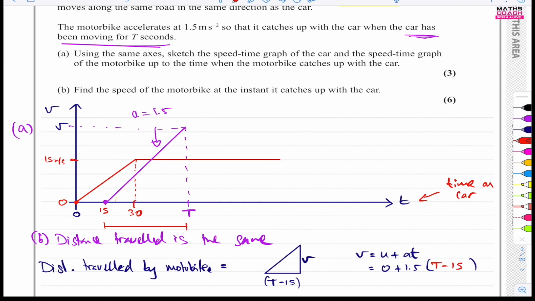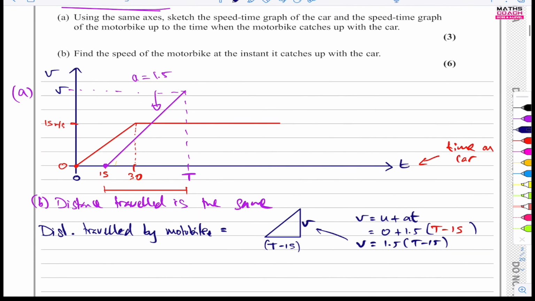So our v, let's just leave it as 1.5 times t minus 15 for now. That's basically the height of the triangle. So the area of the triangle, therefore, is going to be a half times t minus 15 times the height, which is 1.5 times t minus 15.